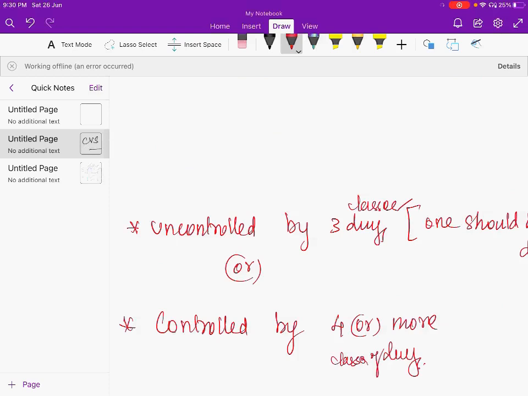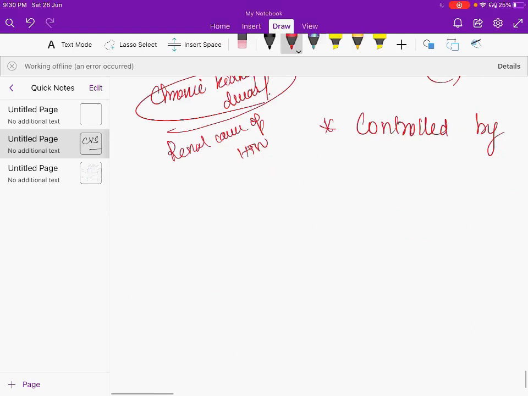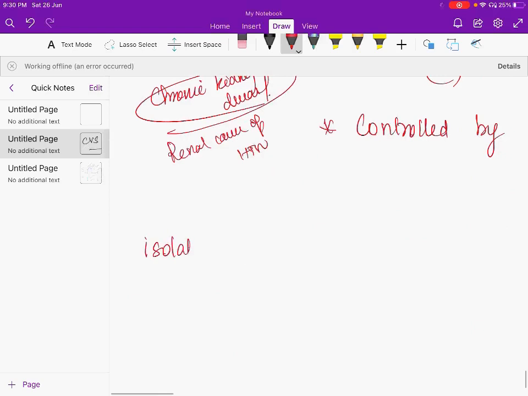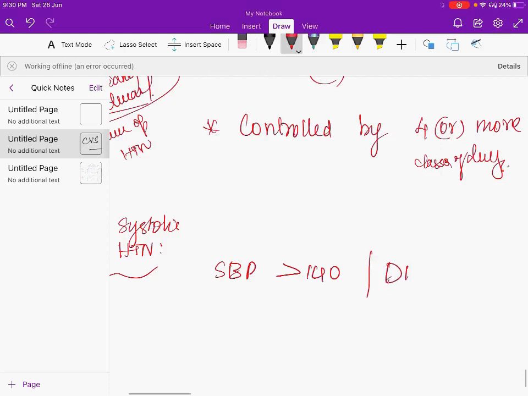Okay, good. And one more thing I have missed. What is isolated hypertension? Sorry, isolated systolic hypertension. Your systolic BP is more than 140, whereas your diastolic BP is normal.